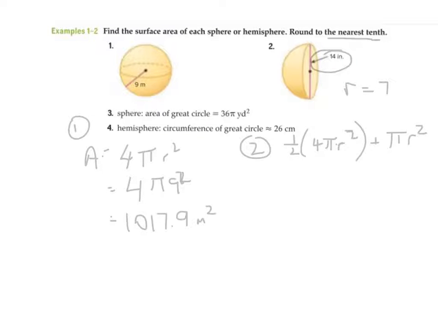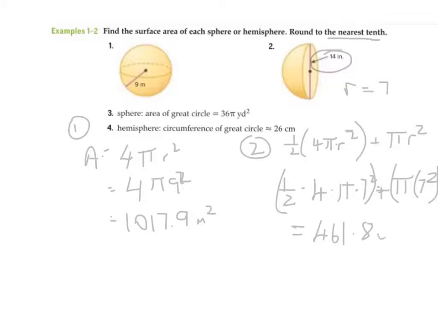Plug everything into your calculator: a half times 4 times pi times 7 squared, and you're going to add on to that pi times 7 squared. Make sure you use parentheses around each part so that it adds together correctly, and you finish up with 461.8, and this time that is inches squared.